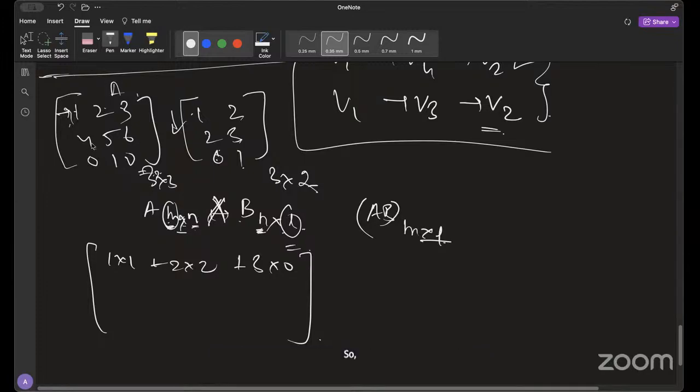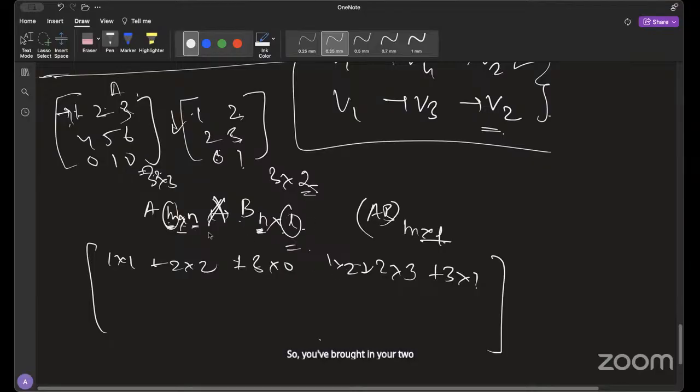So done with one thing, and then the next thing you do is 1 into 2, then 2 into 3, and then 3 into 1. So you've gotten your 2 columns here, and then you do the same thing with the remaining rows, and you keep going on like this.